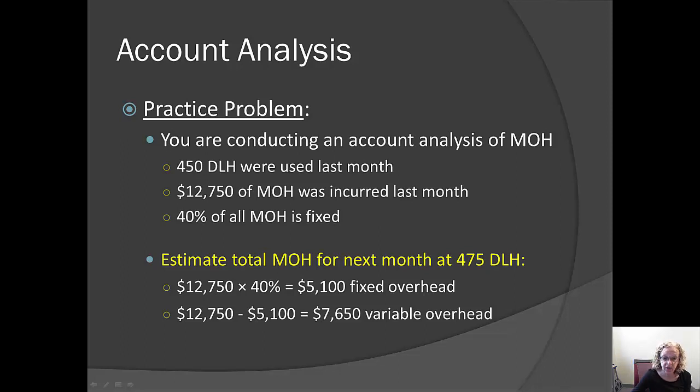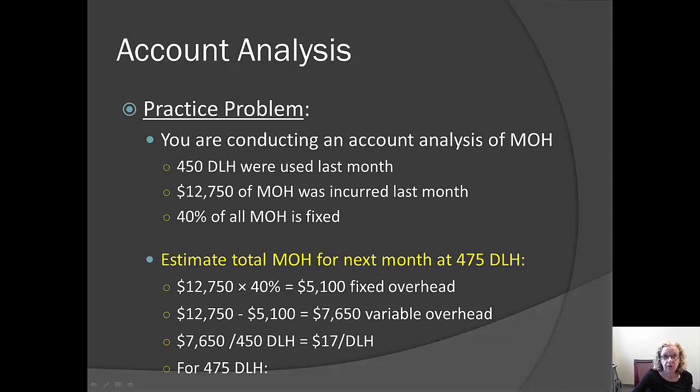We can take that amount and divide by the number of labor hours that we use during the month. That tells us that our firm is using about $17 of variable overhead per labor hour.